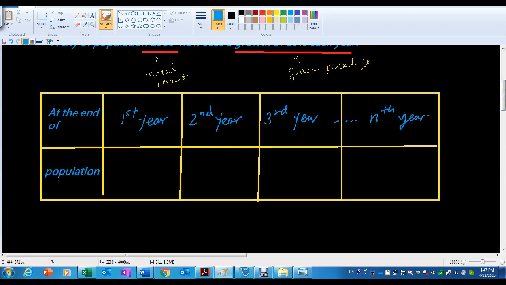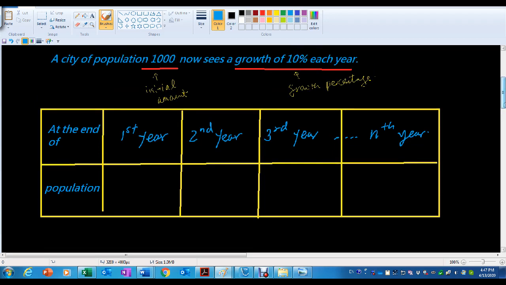Let's see what happened to our population first at the end of the first year.